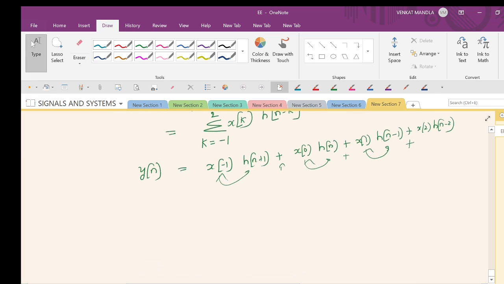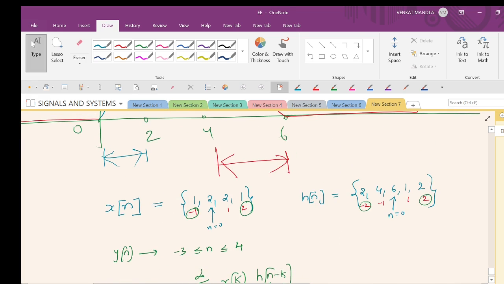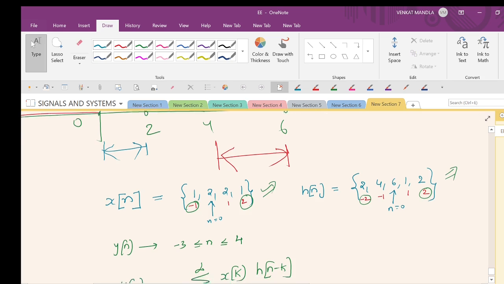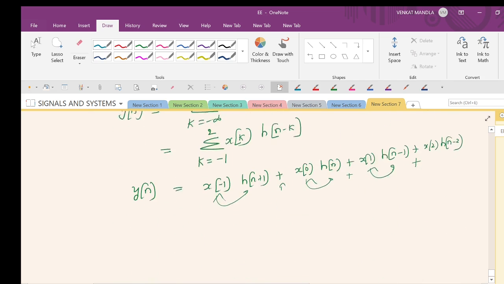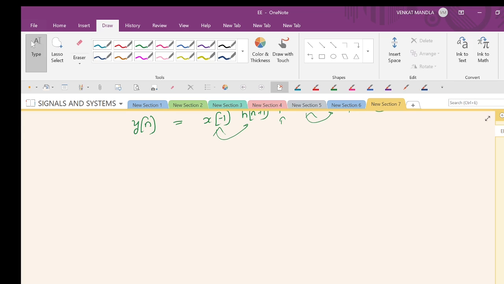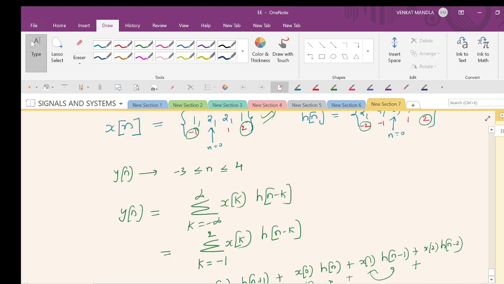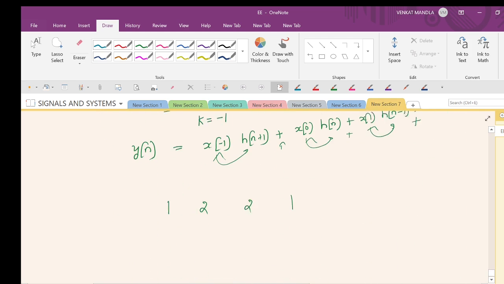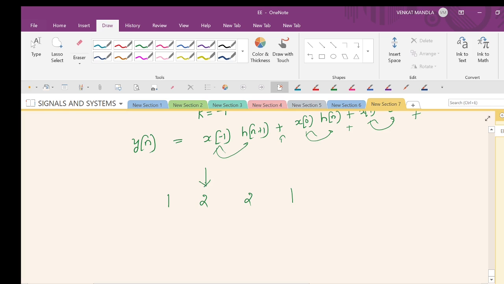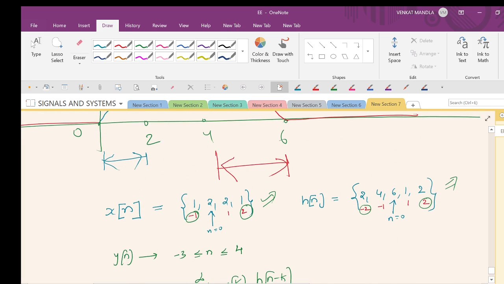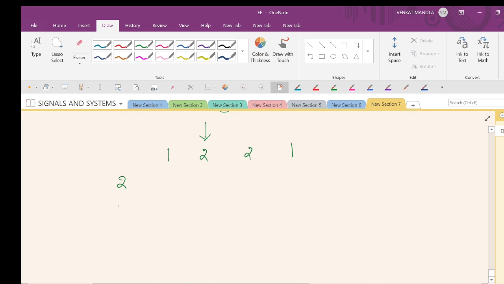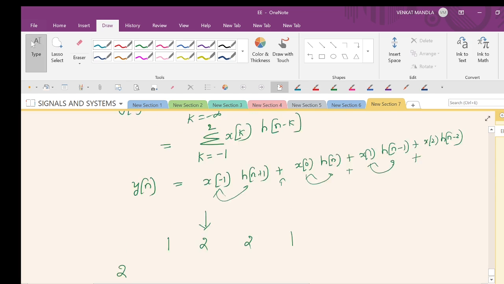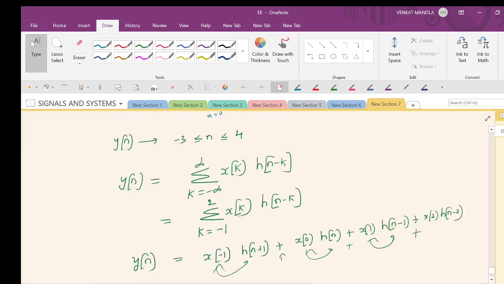This is the tabular method. X of n and h of n, I will write them. X of n is 1, 2, 2, 1, and the starting point is at n equal to 0 here. And h of n is 2, 4, 6, 1, 2, and the starting point at n equal to 0 is the 6.